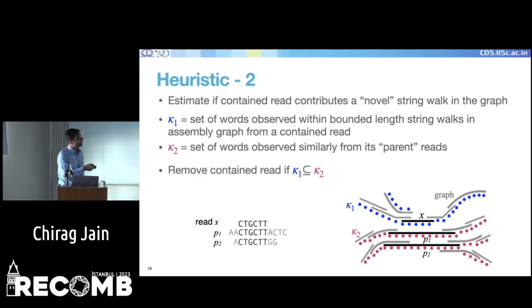So we go to the graph, look at the contained read, and extract the k-mers from the graph in the vicinity of that contained read. If all the k-mers are also observed from the parent reads, then we know that it is unlikely that the contained read contributes a new walk in the graph. So if this condition holds, we remove the contained read. Otherwise, the contained read is retained.